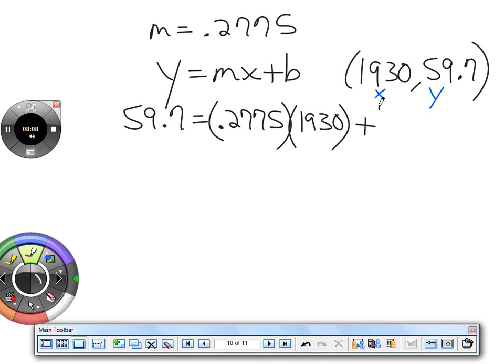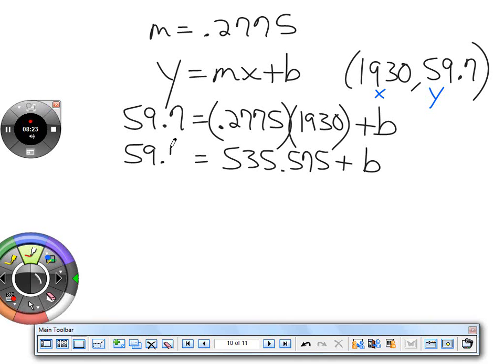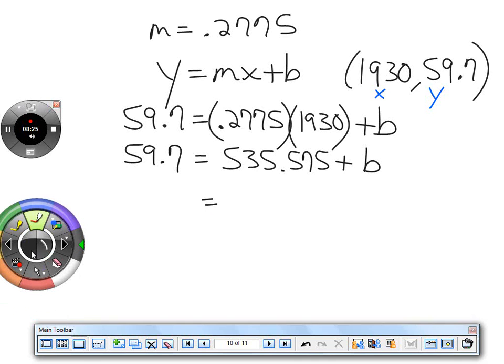And we don't know the b, so we can try to find the b. We multiplied those two together, and I got 535.575 plus the b equals 59.7. And then we just need to solve for b.